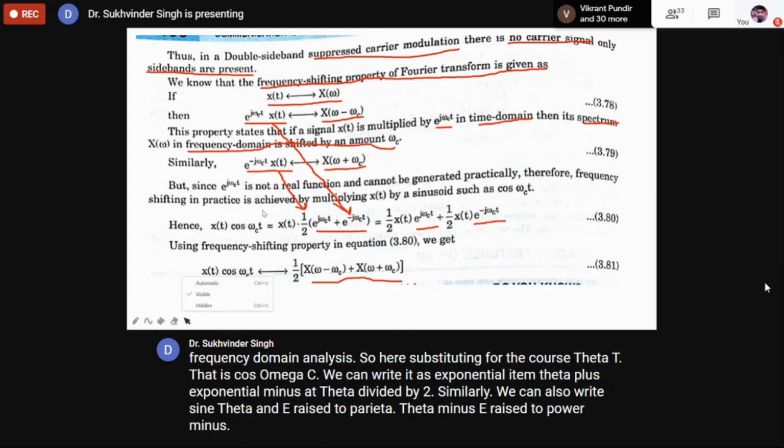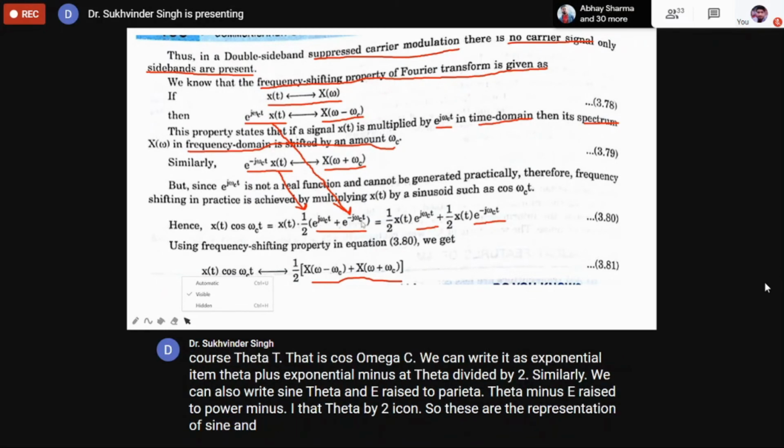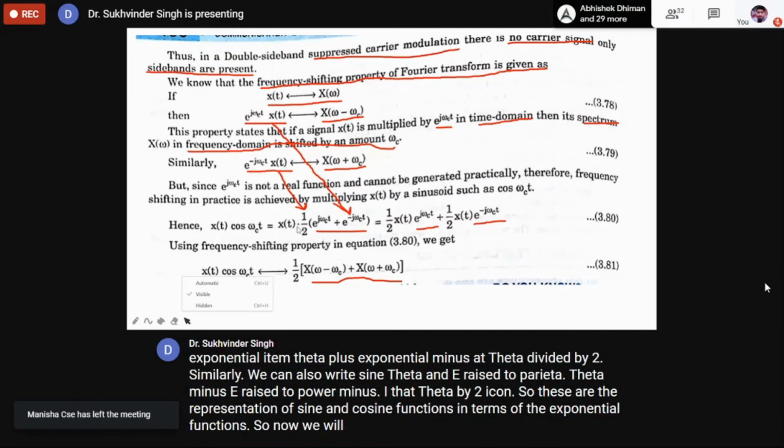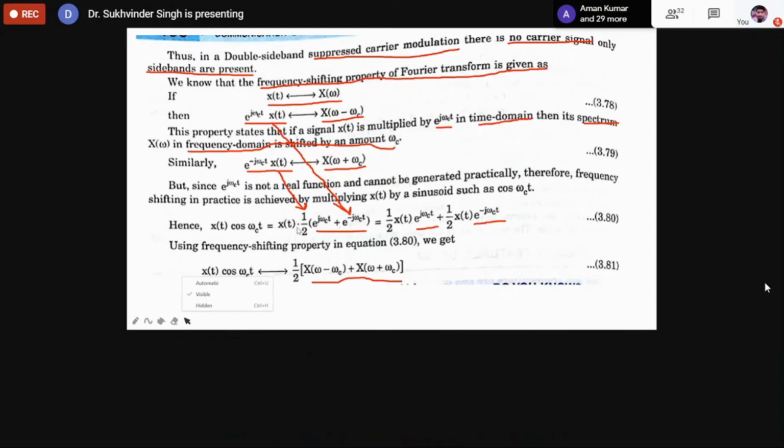So now we will replace the cos omega ct in terms of the exponential function, that is e raised to power j omega ct plus e raised to power minus j omega ct divided by 2 is equal to cos omega ct. Further, we also know that if we multiply a modulating signal xt by e raised to power j omega ct, then the modulating signal will change into a frequency domain signal with frequency shifted by omega c.